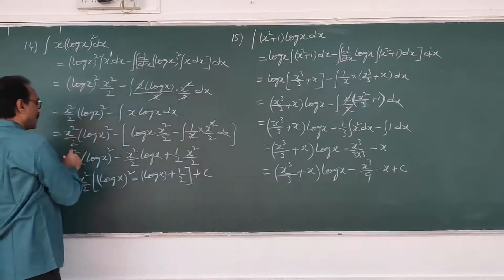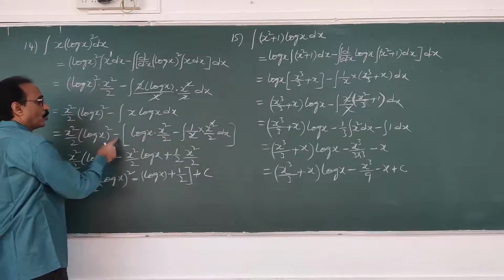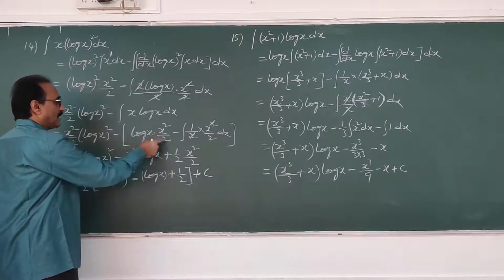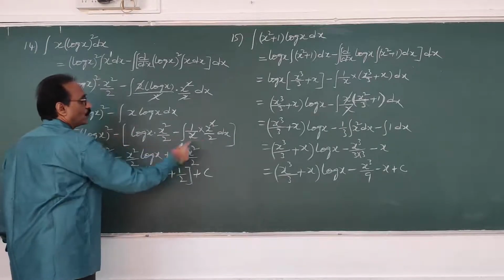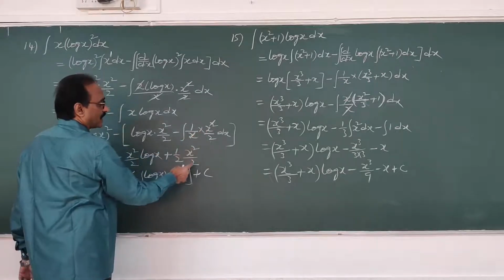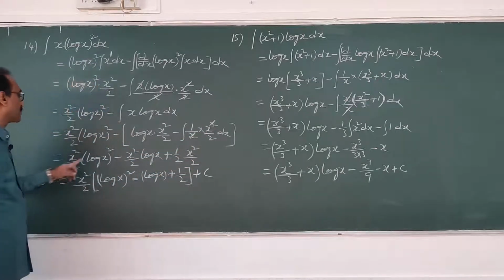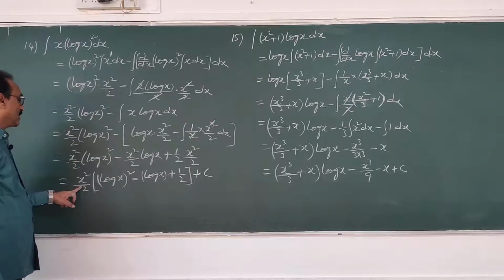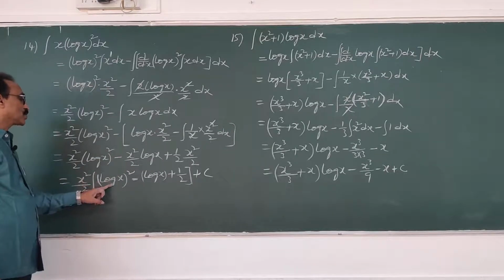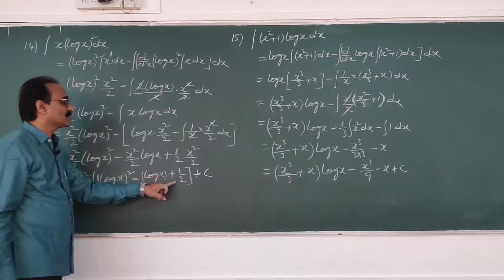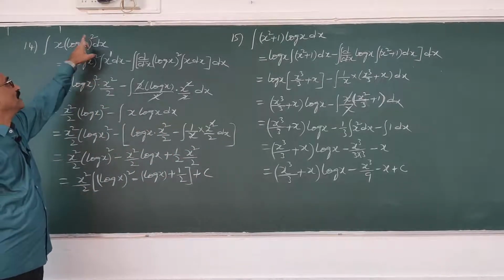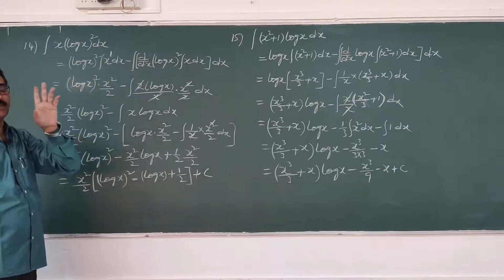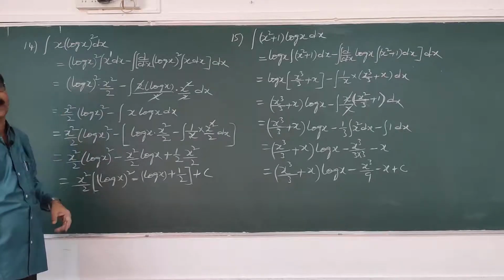So now x square by 2 (log x) whole square, open the bracket, minus x square by 2 log x, minus into minus plus 1 by 2 integral of x, which is x square by 2. So everywhere x square by 2 is common. I took it common, then (log x) whole square minus log x plus half plus c, over. Because of (log x) whole square, we did by parts 2 times.